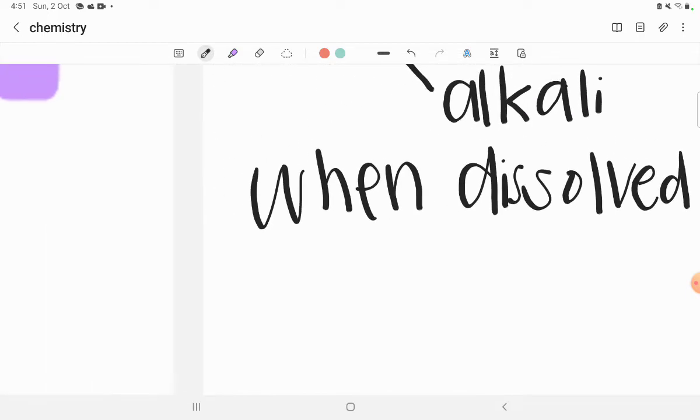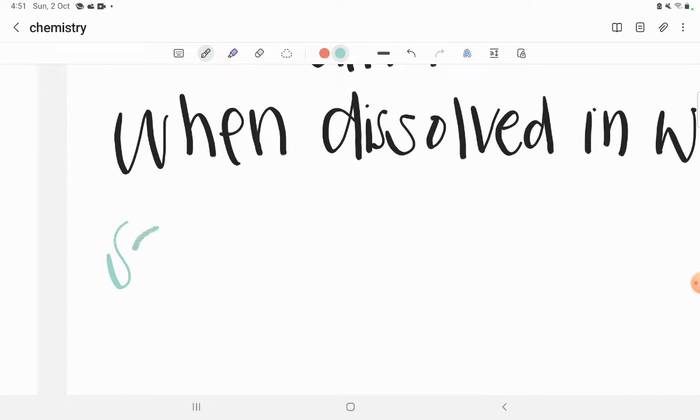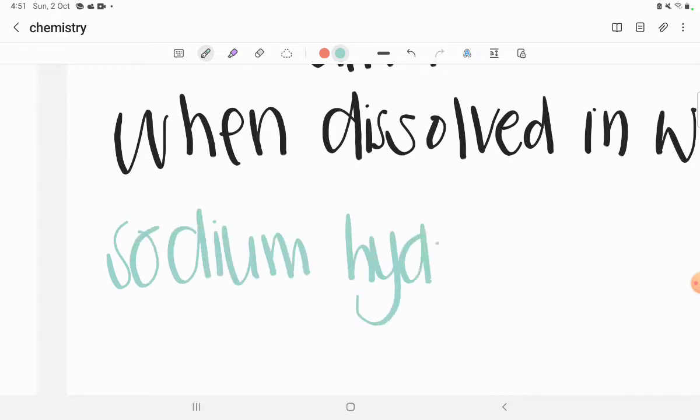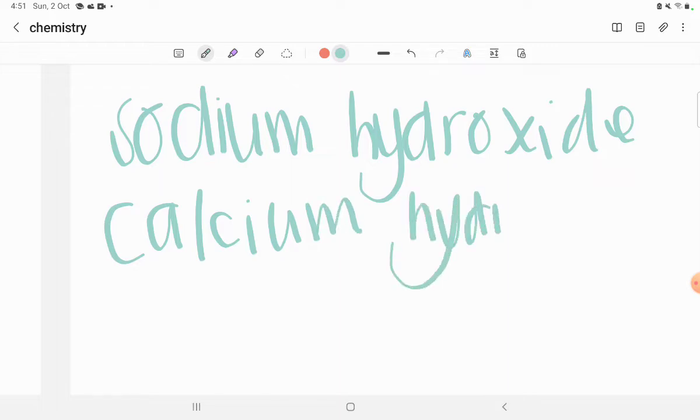So some examples of alkalis are again sodium, but this time it's sodium hydroxide. And then there's also calcium hydroxide.